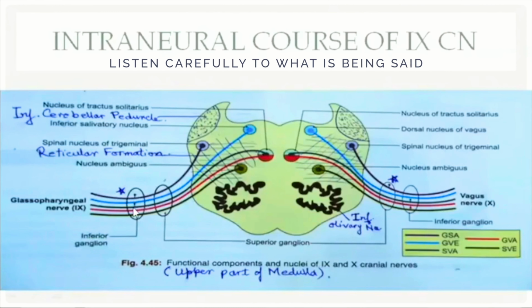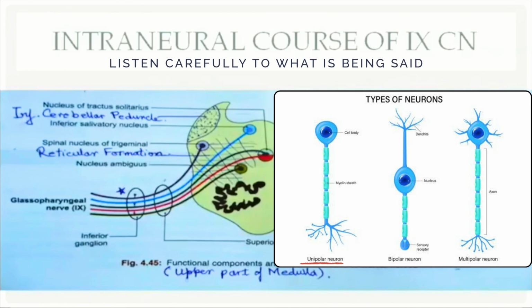Now let me ask you, there are some sensory fibers which do not have their cytons outside the CNS. First order sensory neurons having the cytons within the CNS is only in case of one tract, and that is the proprioceptive sensations from the head and neck region. Those are the proprioceptive sensations brought in from the muscles of the head and neck area, because they are unipolar neurons.